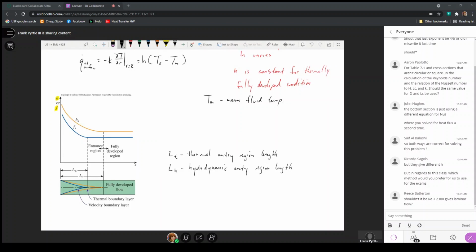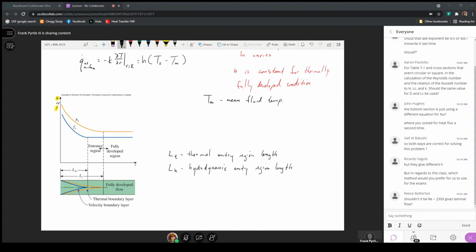But often, if I have to pump a fluid through a pipe in order to provide some heat transfer either to the fluid or out of the fluid, the pumping requirements are going to be based on this friction factor, which is going to tell me the pressure drop that occurs along the length of the pipe. So if I have a really short pipe where the friction factor is changing as a function of position, then I'd have to take that changing value into account when I'm calculating the overall pressure drop.